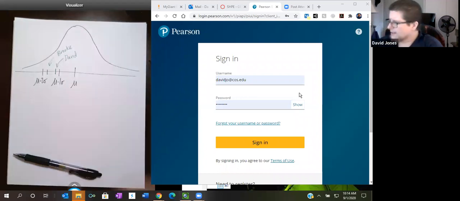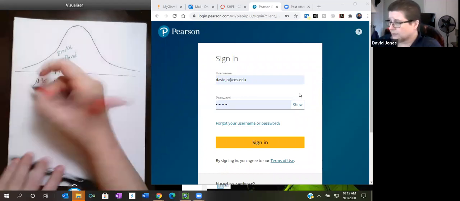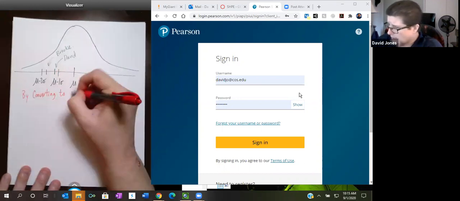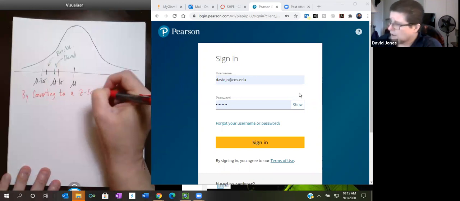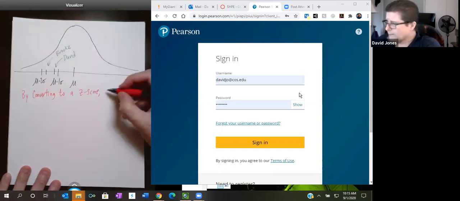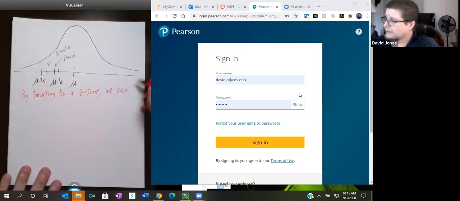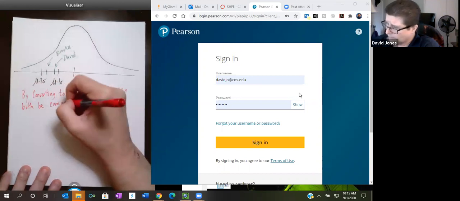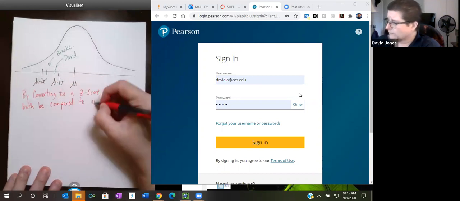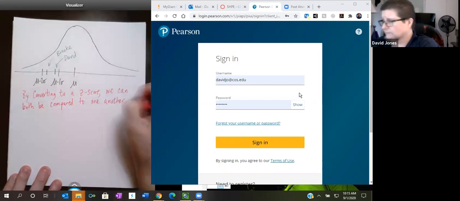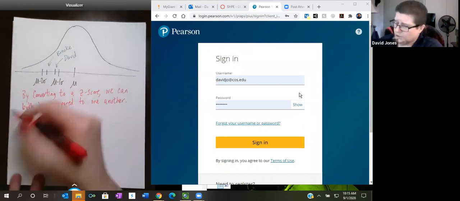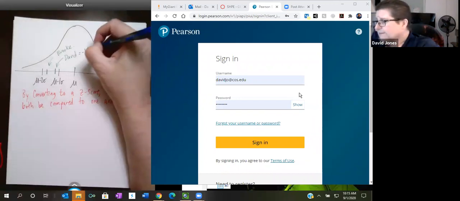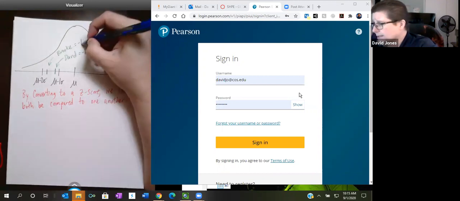Now, by converting to a z-score, we can both be compared against one another. So my score was only negative 1.125. Hers was negative 1.714.